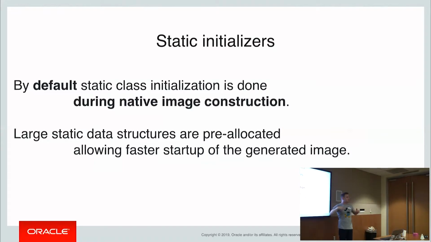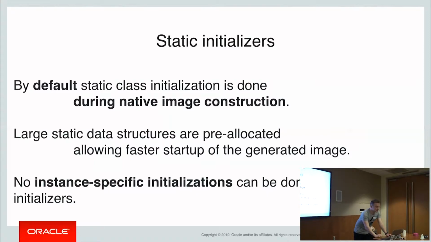For example, we don't need to initialize all the locales or date formats that ever could be accessible, right? We can just initialize a certain set. Or if your application pre-computes like the first million prime numbers, we can do that at the generation time. And that data will be written out and then available for usage from the get-go when you start your application.